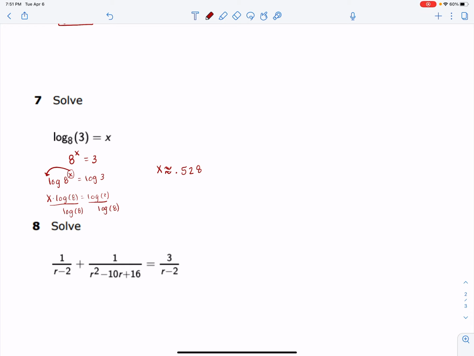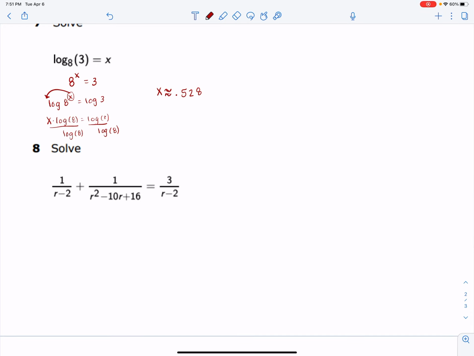Number 8. In order to add these fractions, in order to solve for r, we need to first get all of the fractions to have the same denominator because we're dealing with an addition sign. So we're going to factor this one that can be factored. So this is (r - 8)(r - 2).